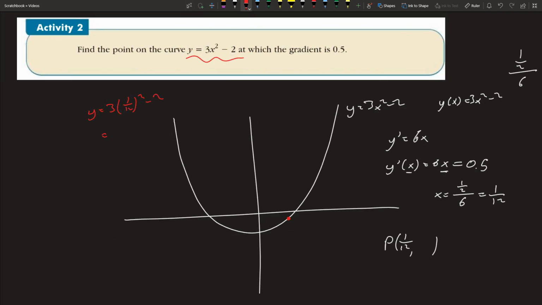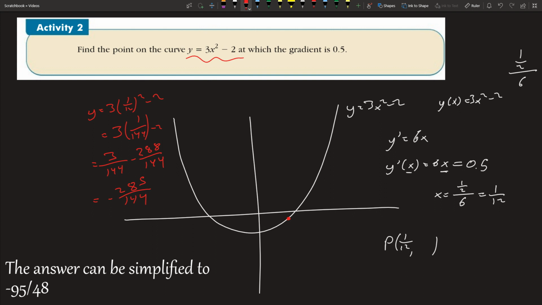Now, this is equal to 1 over 144 minus 2, which is 3 over 144 minus, let's see, 288 over 144. This is hectic, I know. Without a calculator though, okay, because they might not allow. This is equal to negative 285 over 144.